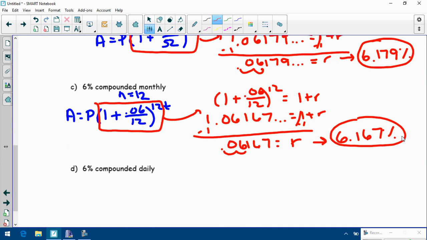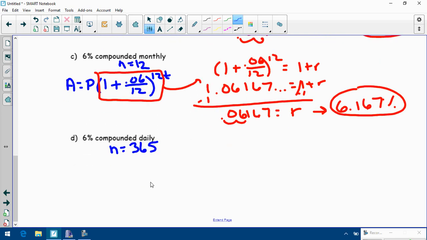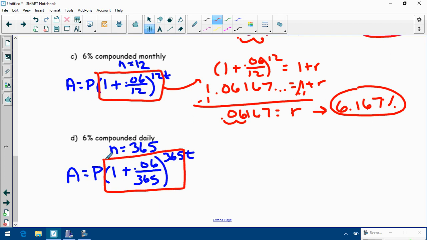All right, let's try the last one. 6% compounded daily. What would n be if we're compounding daily? 365, very good. So we get A equals P times 1 plus 0.06 over 365 raised to the 365t. Take that piece. 1 plus 0.06 over 365 raised to the 365 equals 1 plus r.